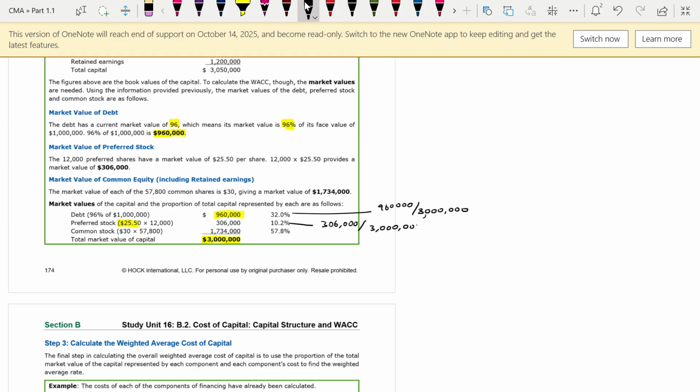Okay, 1734 divided by 3 million. Now we have to give the weights. Always, the weights are equal to 100%.